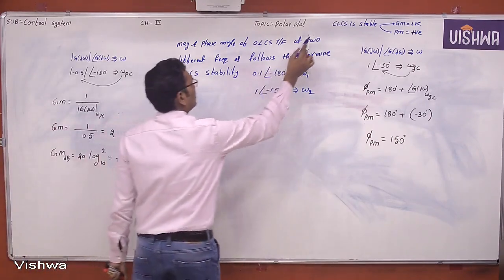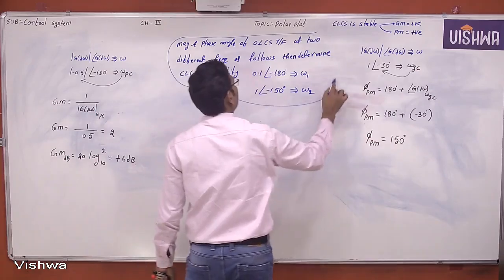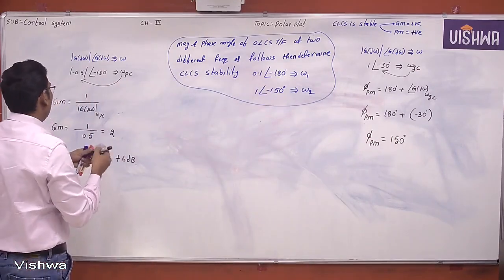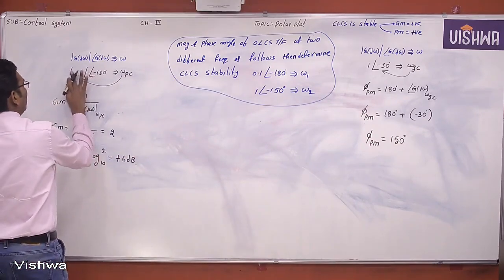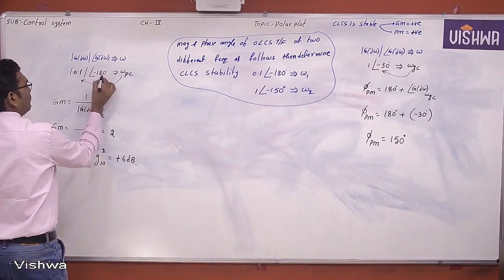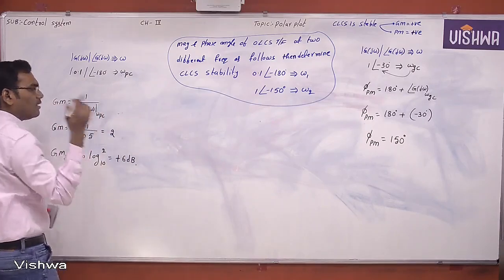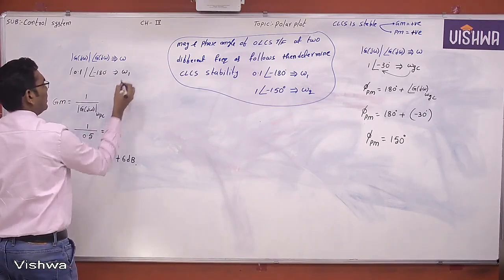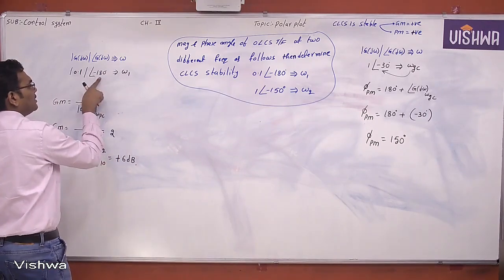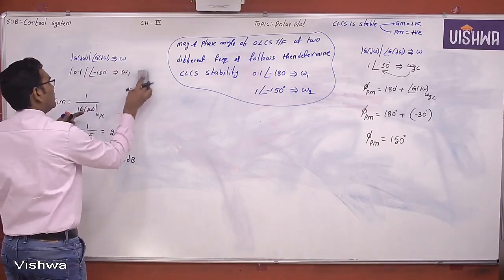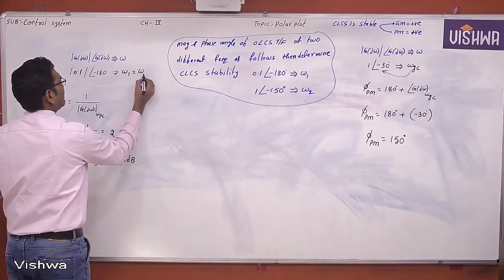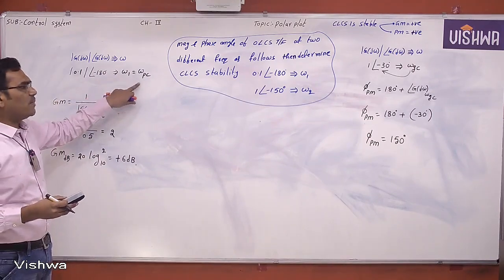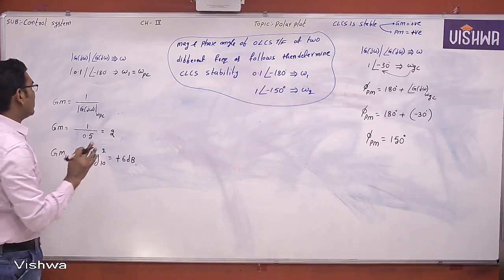Now see here. By seeing these relations of magnitude and phase angle, can I write like this? Magnitude is 0.1, phase angle is -180. Here this is the magnitude and phase angle at one frequency, but when the phase angle is -180 degrees, this frequency is called omega pc, the phase crossover frequency.